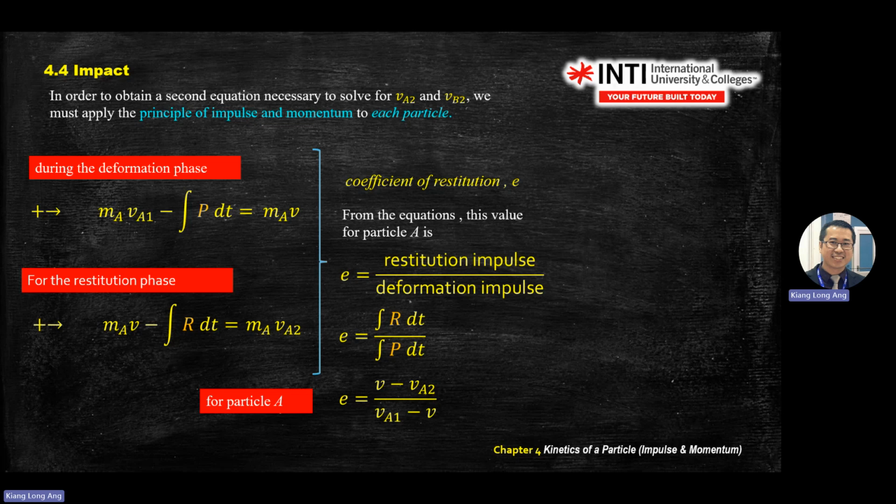There's an m in front, but you cancel it with the bottom one, which also has an m. You arrive at this equation. Again, you don't need to memorize this, but if you see the question mention coefficient of restitution, straight away write this definition: e equals restitution impulse divided by deformation impulse. Then you write what happened to the deformation formula.